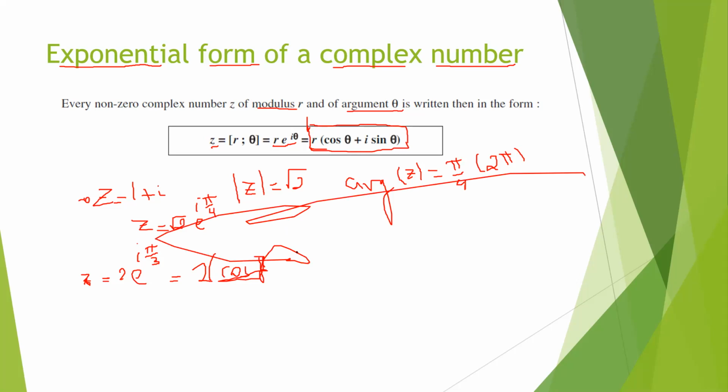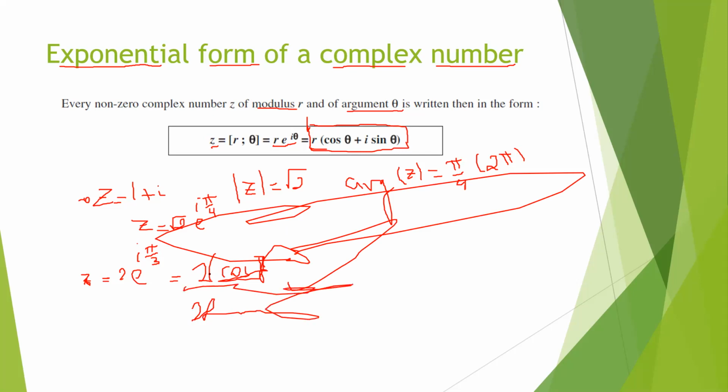Two into cosine pi over 3 plus I sine pi over 3 equals 2 times cosine 60, and cosine 60 is half, plus I radical 3 over 2.